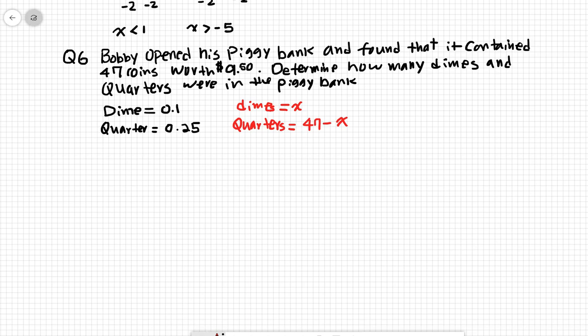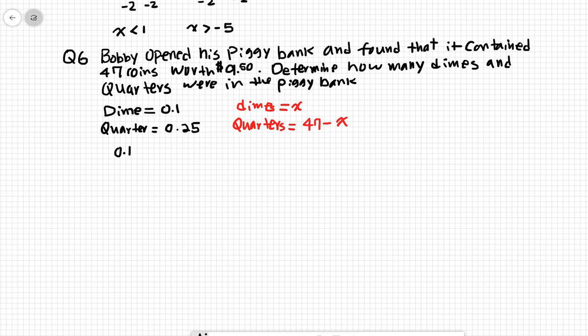All right, so that means we can set up the equation to solve this problem. We have 0.1, and we're going to multiply by the number of dimes, because we know that the total money with the 47 coins is 9.50. So we need to find how much the dimes and quarters are worth, equal to 9.50.